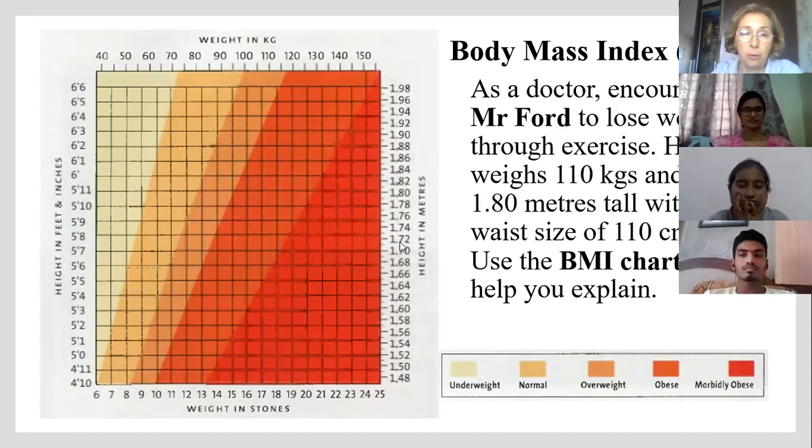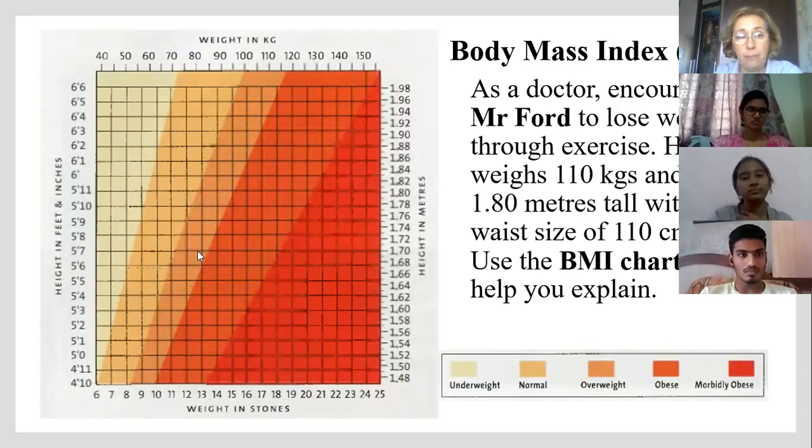Okay, so you can compare, for example, your height and your weight just using this chart. But anyway, it's for people of higher age, I think, because younger people are always just they have normal weight, most of them.